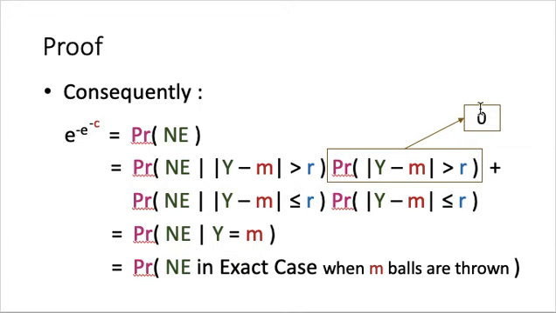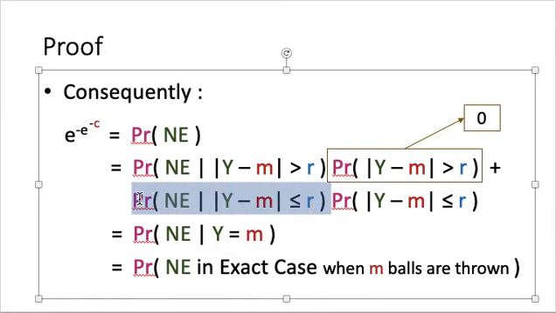So in that case, this is going to be 0, so we don't care about this probability. And for this one, if this is 0, then this is 1. So after simplification, we get the probability of NE given |Y − m| is less than or equal to r. So this is what we can get so far.